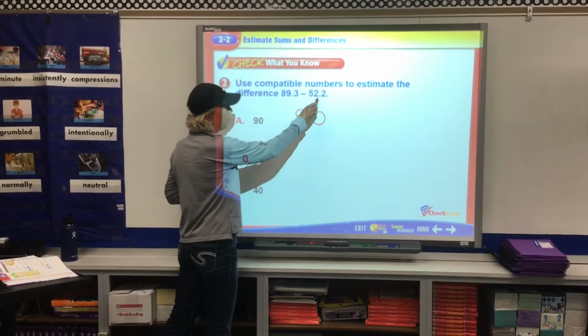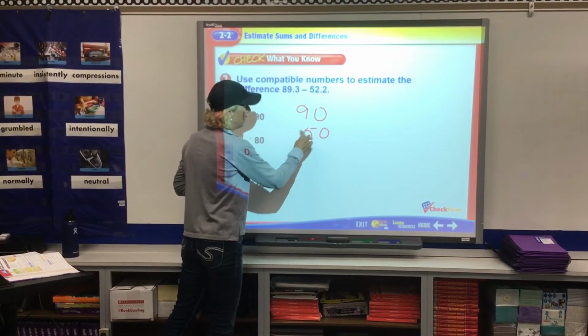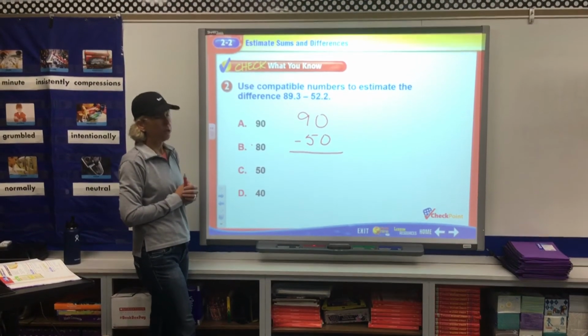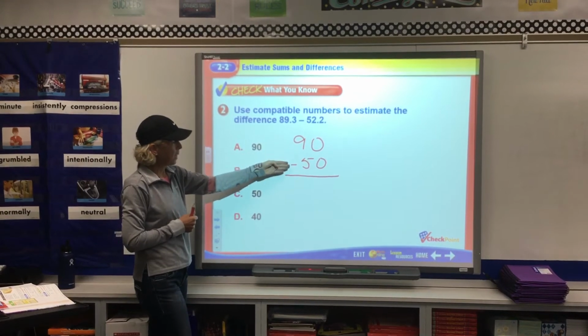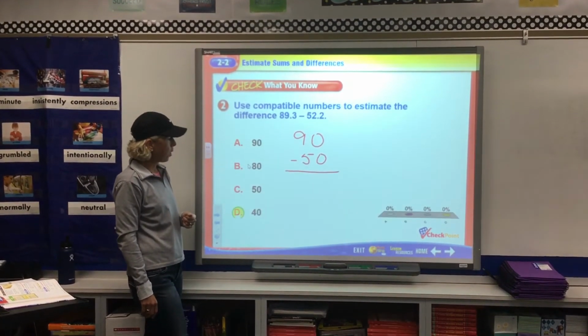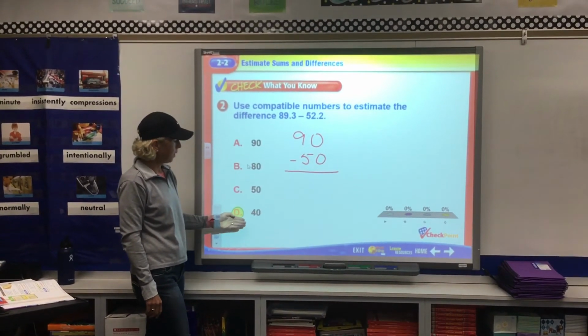And 52 and 2/10, I would say, oh, 50 is another easy number to think through in our minds. So then the problem 90 minus 50, 9 minus 5 is 4. So using compatible numbers, 90 minus 50 would be 40.